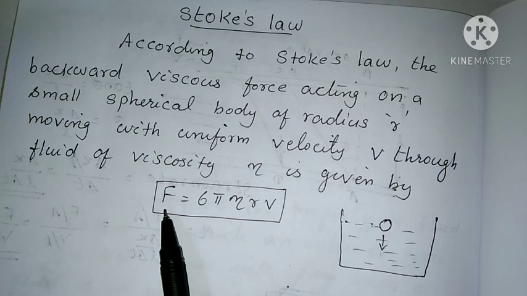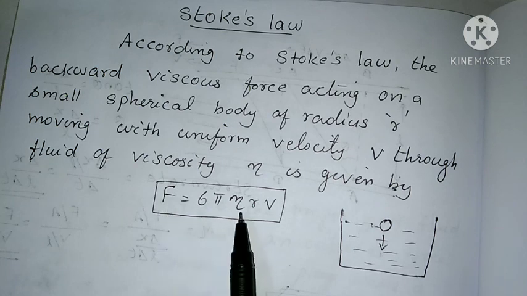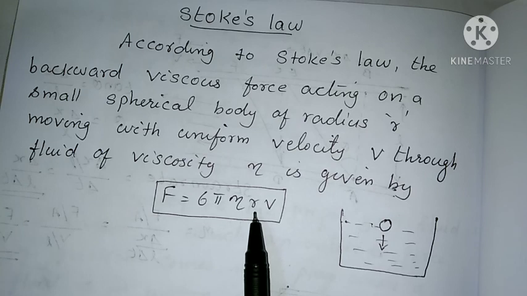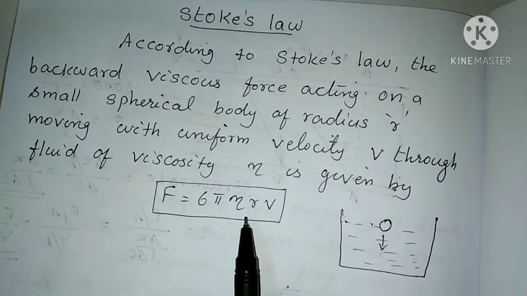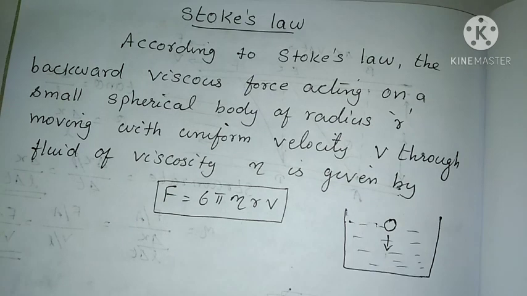So the viscous force is directly proportional to coefficient of viscosity, then radius of the spherical body and velocity of the body. Okay, so that is known as the Stokes law. Stokes law was derived by the scientist Sir George G. Stokes, an English scientist. So it is known as the Stokes law.